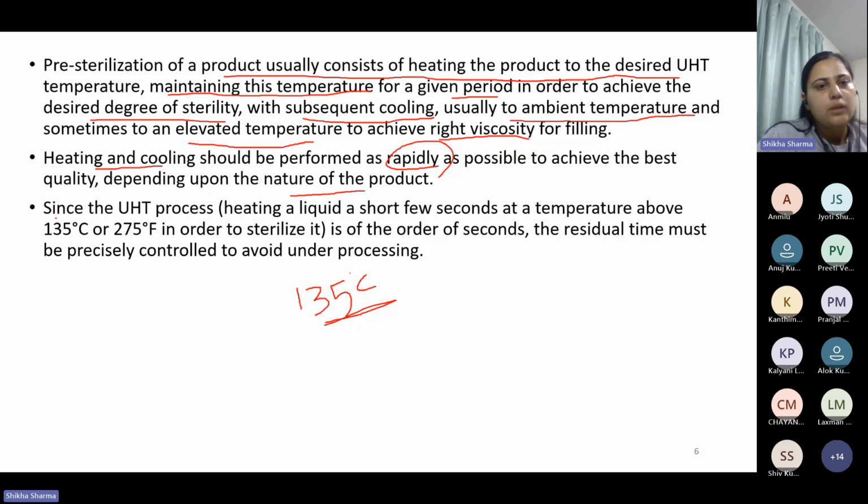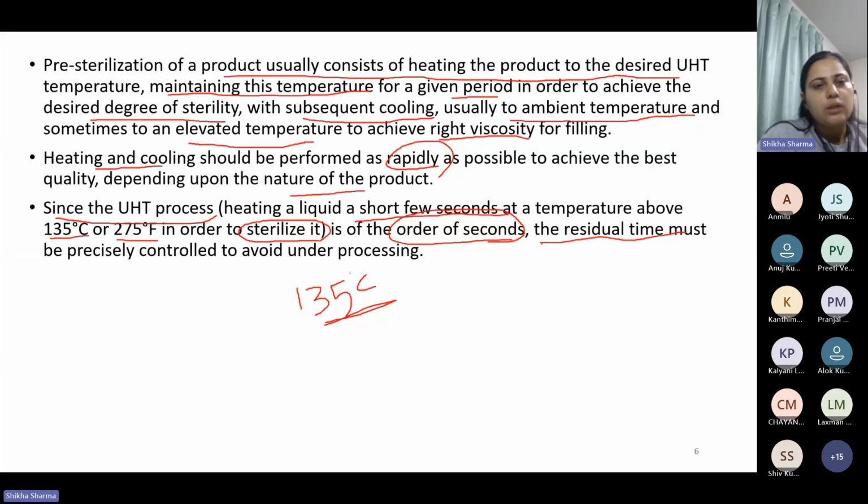And statement 3 is also incorrect because in UHT processing, we are heating any liquid for a short time, which is a few seconds, at a temperature above 135 degrees Celsius or 275 degrees Fahrenheit, so that we can get the sterilized product. So it is of the order of seconds as per the definition of UHT process treatment.